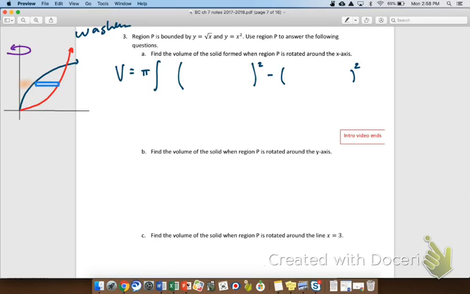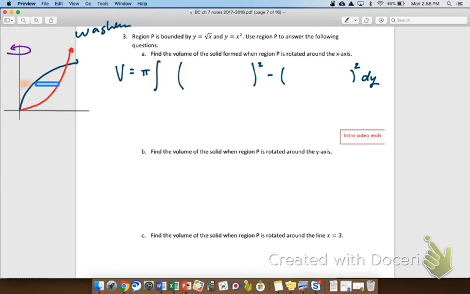Notice I made my first parentheses big, and my second parentheses a little smaller. So big R squared minus little r squared. The first thing I decide is whether this is going to be a dx thick representative element or a dy thick one. It's going to be dy, right? Because we're perpendicular to the axis of rotation, which happens to be the y-axis. So that'll be the first detail I fill in. It'll be dy.